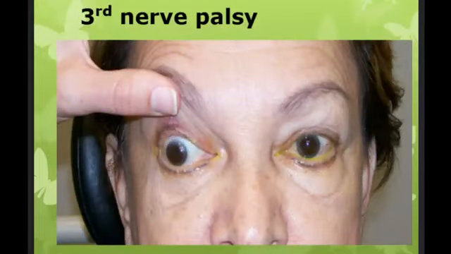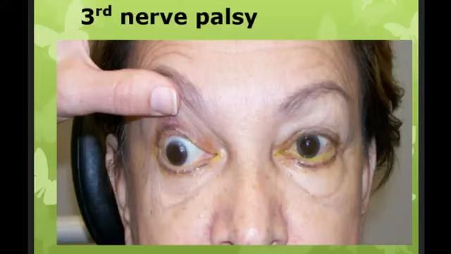Third cranial nerve palsy. A complete third cranial nerve lesion causes ptosis and inability to rotate the eye upward, downward, or inward. When the lid is passively elevated, the eye is found to be deviated outward and slightly downward because of the unopposed intact actions of the lateral rectus and the superior oblique muscles.